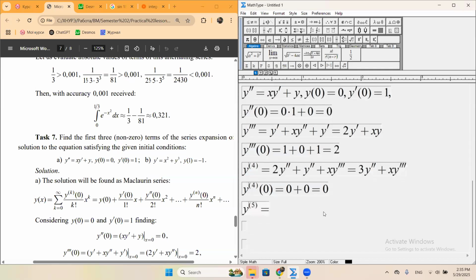So the fifth derivative: 3 third derivatives plus a third derivative, and plus x multiplied by the fourth derivative.